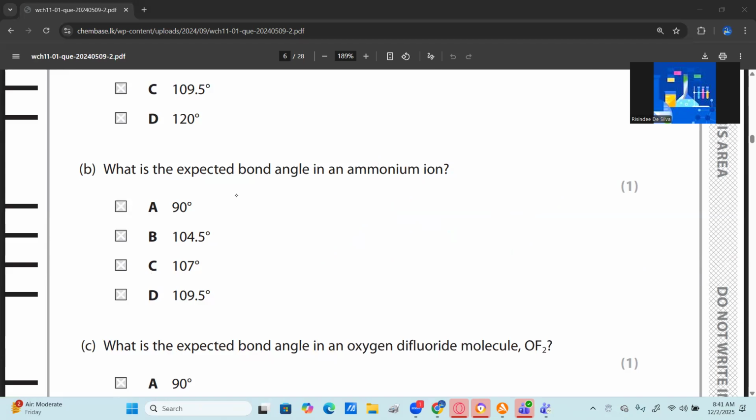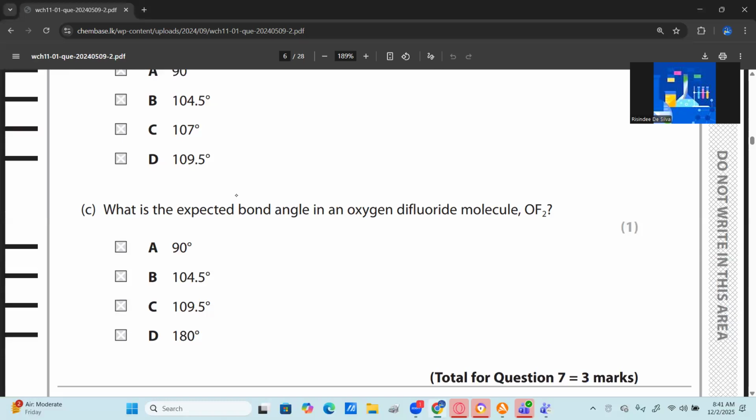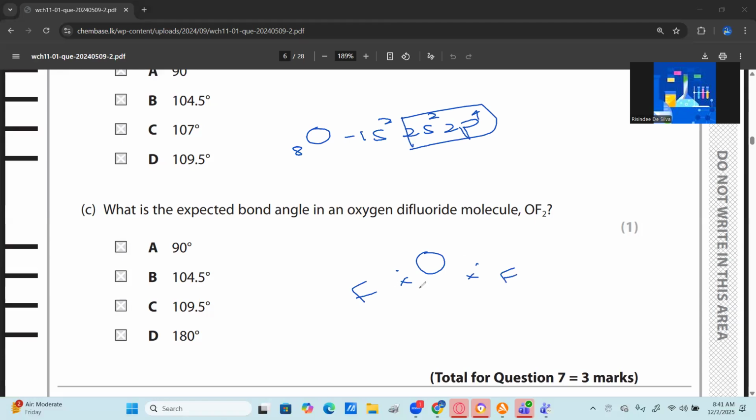Then the next one: what is the expected bond angle in an oxygen difluoride molecule? The first step is to write the electronic configuration of oxygen, which is 1s2, 2s2, 2p4. That means there are 6 electrons in the outermost shell of oxygen. As it has 2 fluorine atoms, 2 electrons will undergo bonding.